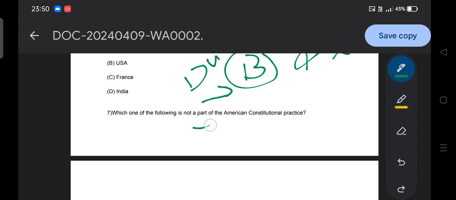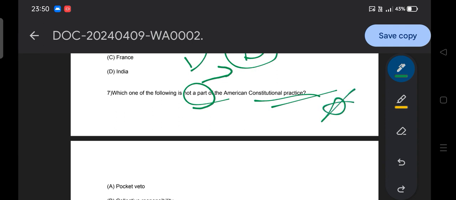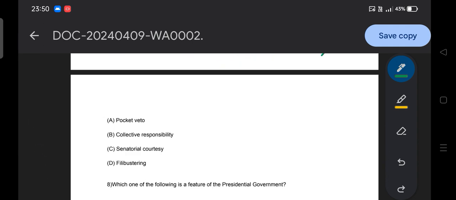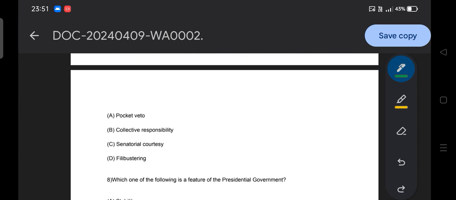Which of the following is not a part of American constitutional practice? Okay, constitutional practice. Option A pocket veto, B collective responsibility, C senatorial courtesy and D filibustering. So which is not related to American constitutional practice? Okay, you can provide the answer. Hope you are able to provide the answer, but the answer is option B, collective responsibility.